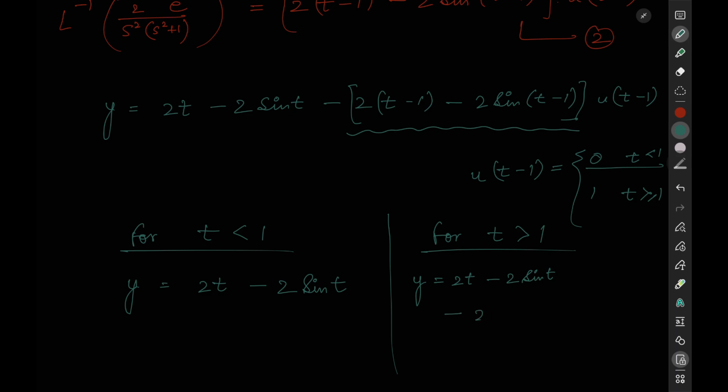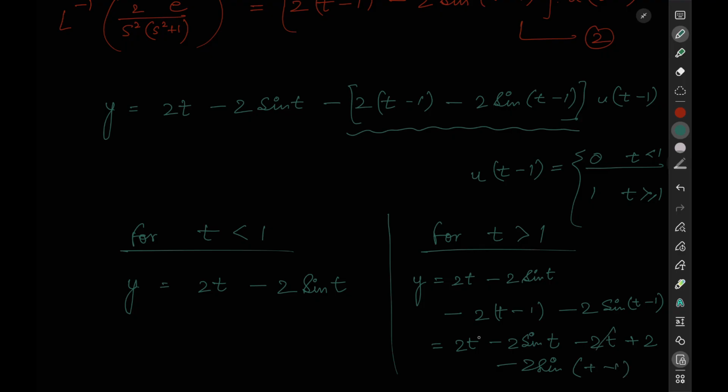And for t greater than 1, we have y equals 2t minus 2 sine t minus, 2 times t minus 1 minus 2 sine of t minus 1. This will become 2t minus 2 sine t minus 2t plus 2 minus 2 sine of t minus 1.